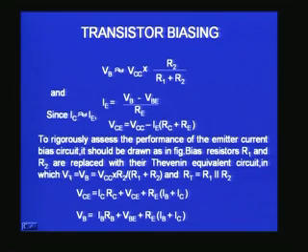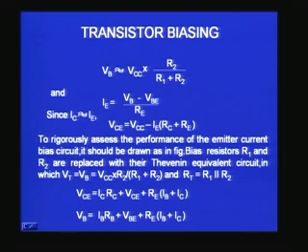Now what is VT? VT is nothing but the voltage at the base, and therefore it is also equal to VB, and that is what we have already written, VCC into R2 divided by R1 plus R2. So this is the Thevenin's equivalent voltage of the simple R1 R2 network, and that is the voltage at the base. And what is the Thevenin's equivalent resistance? It is R1 parallel R2.